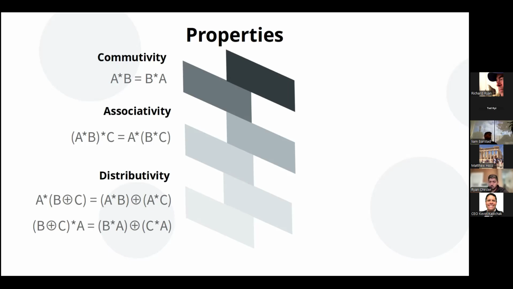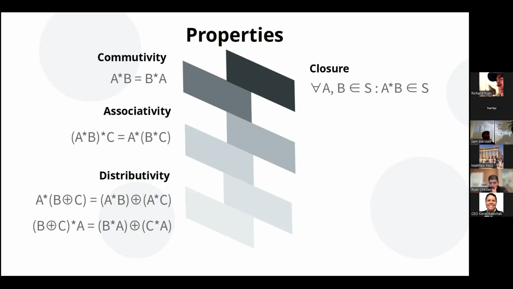In this case, I'm using fancy plus, but let's just call that addition for a second. So basically, A times (B plus C) is the same as A times B plus A times C. So in this case, we say that multiplication is distributive over addition. So that's just like two operations.